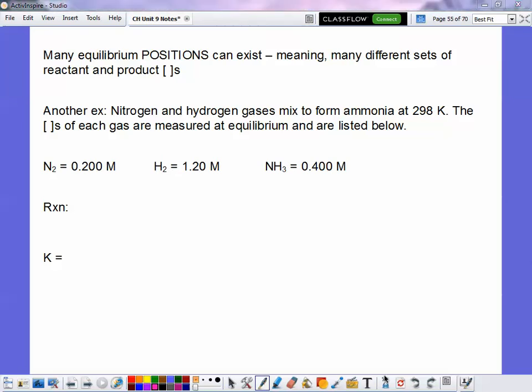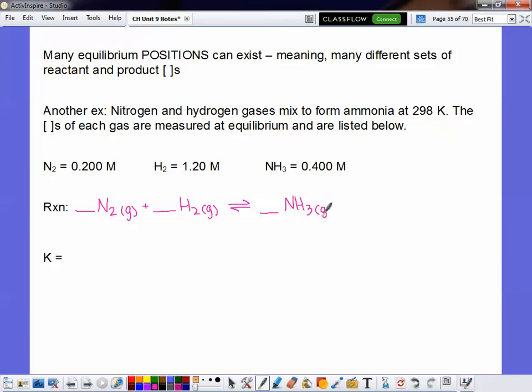So what is this reaction written out? Not necessarily balanced, but what are the reactants? N2 and H2, and both of them are gases. And what is my product? NH3, which is also a gas. So you should have balanced that reaction. When you balanced it, you should get 1, 3, 2 as your coefficients.